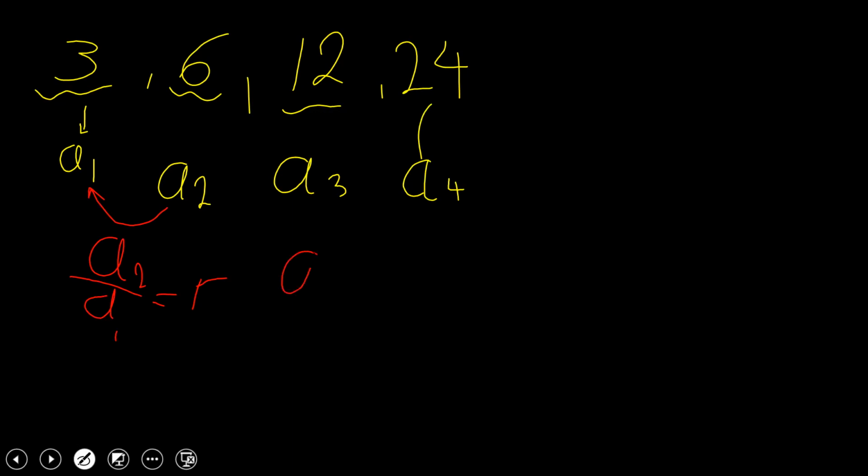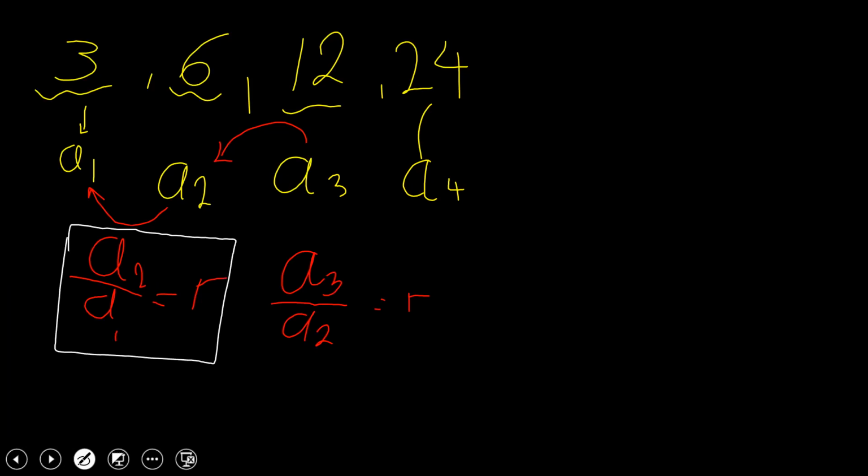And also, if I divide a sub 3 by a sub 2, we also call it a ratio. And if they are equal, we call it a common ratio, so this one I can call a geometric sequence.